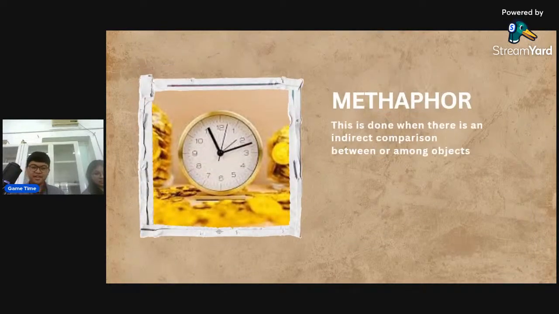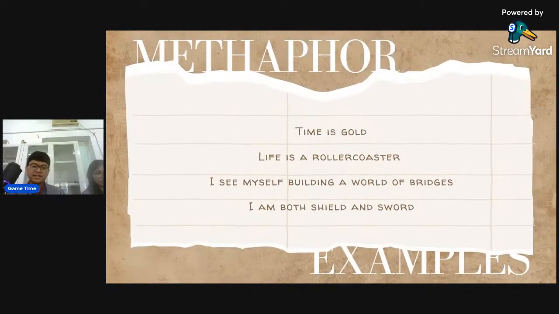Metaphor is done when there is an indirect comparison between or among objects. Here are examples. Time is gold. I'd like to ask any of my group mates, what can you interpret from "time is gold"?